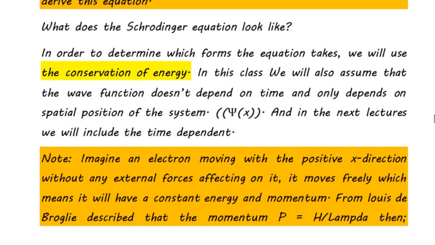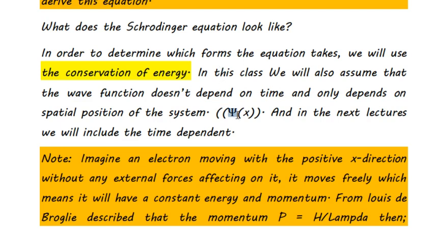So what form does the Schrodinger equation usually take? In order to determine the form of the equation, we shall use the conservation equation. In this class, we will also assume that the wave function doesn't depend on time and only depends on the spatial position of the system.